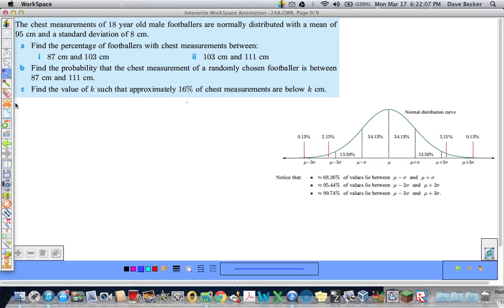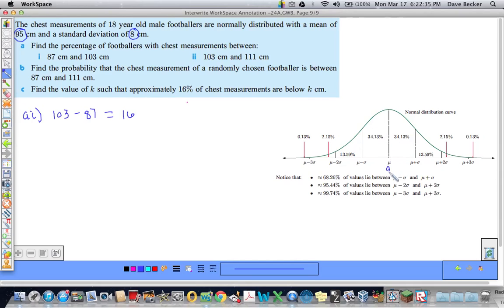Okay, so let's do part A, part I. Our standard deviation is 8 and our mean is 95. So let's do 103 minus 87, and I have a sneaking suspicion that that is going to be equal to 16, which it is. Well, that means that's within one standard deviation above and below, and I'm just going to use this little figure here for us.